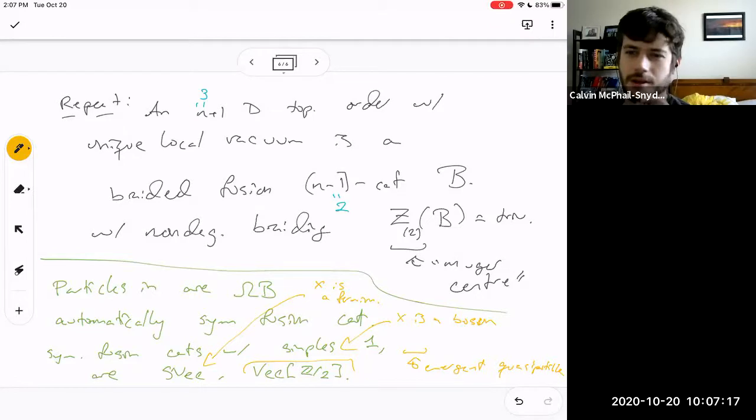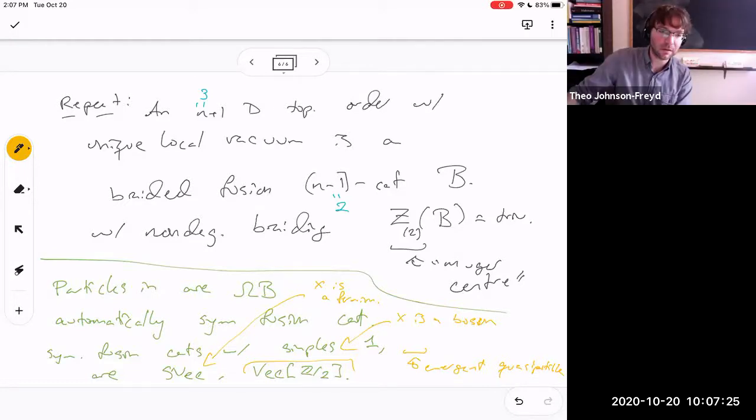But these examples are n equals 2 still, not n equals 3, or is that? I'm going to go back to the context of my slide where I'm talking about 4-dimensional, 3+1 dimensional theories. So the data of a 3+1 dimensional theory for me, if it had multiple ground states, comes with something about fusion categories, because I sort of needed to tell you that to give a mathematically correct story.